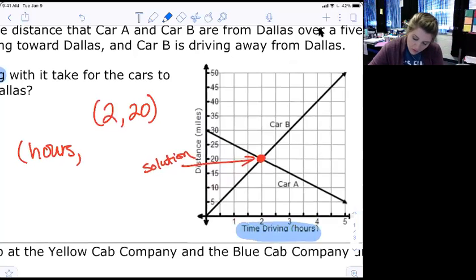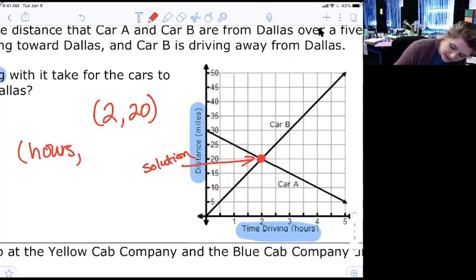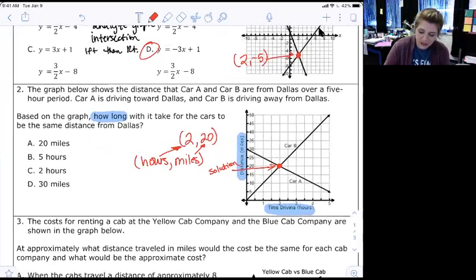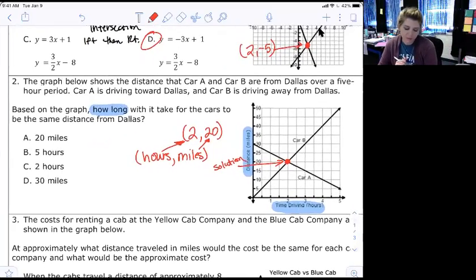I'm then going to go over to my Y's and highlight my Y's. My Y's is talking about distance in miles. So 2 hours and 20 miles is going to be my solution to this system.